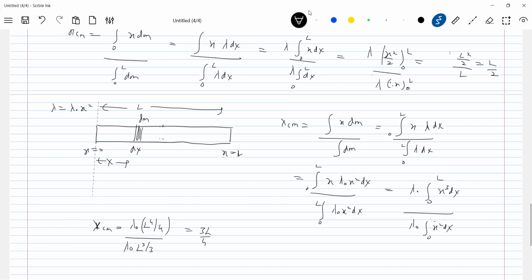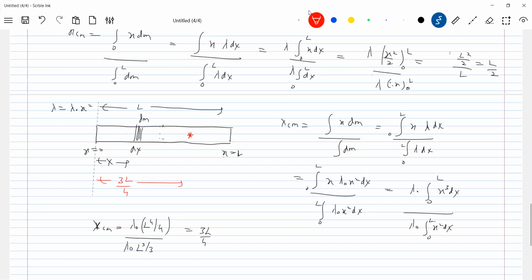Now I think this is very important. Where will the midpoint of the rod be here? And the center of mass is more than L by 2, so it lies somewhere here. If the mass is distributed uniformly, it will be at the midpoint of the rod. If the mass is not distributed uniformly, then it will not be at the midpoint.